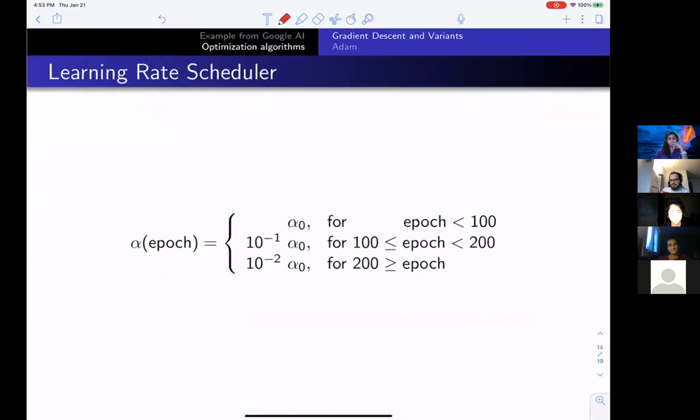But in reality, what people do is they actually decrease the learning rate by a factor of 10 every few tens of epochs or hundreds of epochs. So basically, the learning rate is a function that looks as follows. If this is your epoch and this is your learning rate, then initially the learning rate is high, and then you decrease it by a factor of 10, and then you decrease it by a factor of 10.